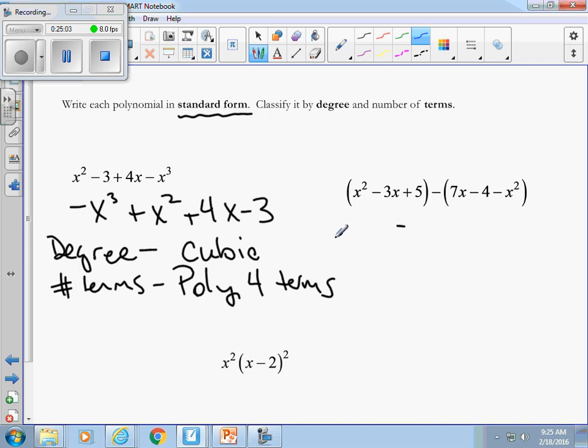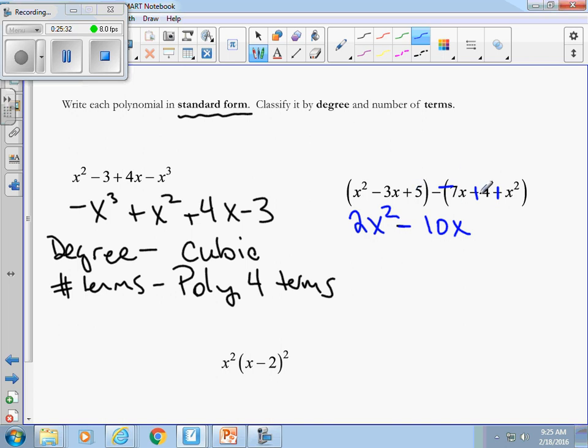With parentheses like that, distribute the negative. The negative goes with the 7, the 4, and the x squared. So now I have x squared plus x squared, which is 2x squared. I have negative 3x and negative 7x, which makes negative 10x.